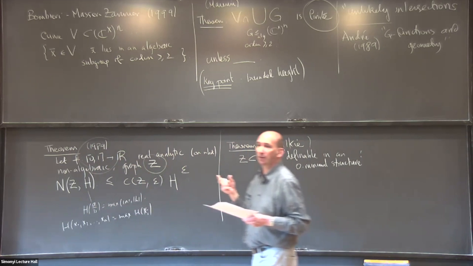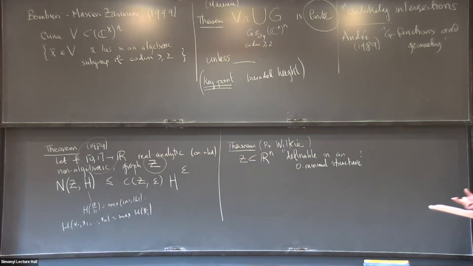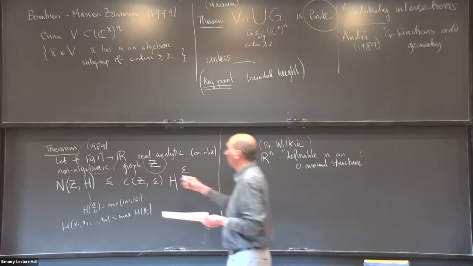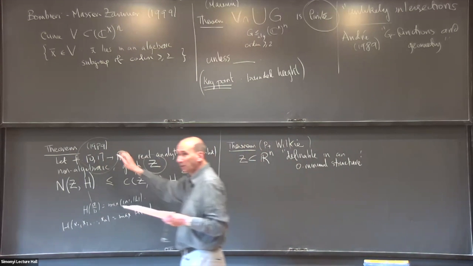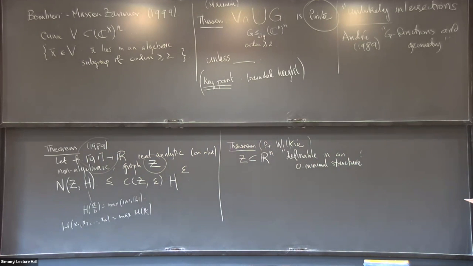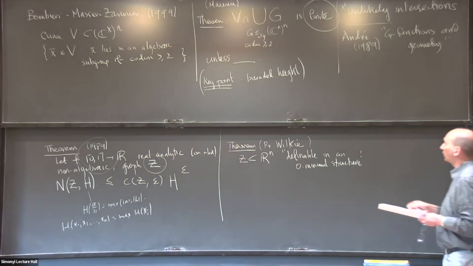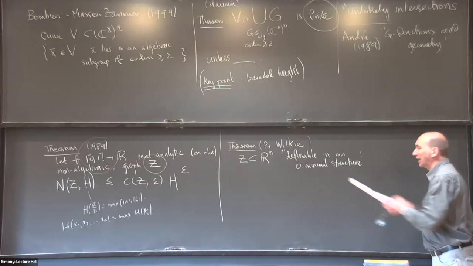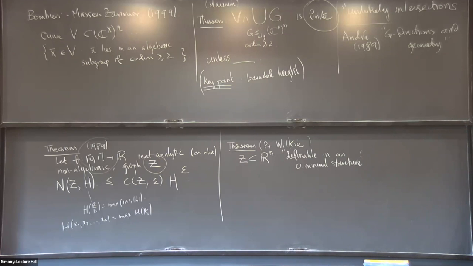So it includes the images of real analytic functions, which are analytic on the neighborhood of any compact box in R to the K mapped into R to the N. It includes also the full graph of the real exponential function, which is not of that form, and it includes all the sets you can make out of those things and more things with Boolean combinations, including complements and projections and so on.